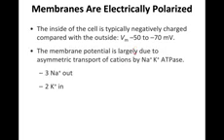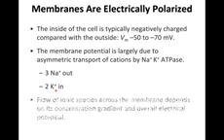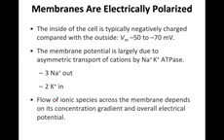The membrane potential is largely due to asymmetric transport of cations by the sodium-potassium ATPase. Now, this particular transporter transports 3 sodium out of the cell while taking 2 potassium inside the cell. Flow of ionic species across the membrane depends on its concentration gradient and overall electrical potential.